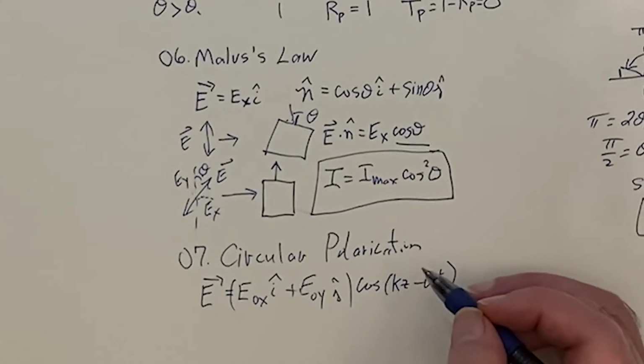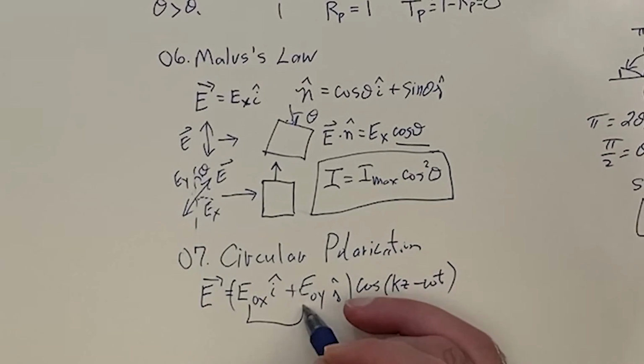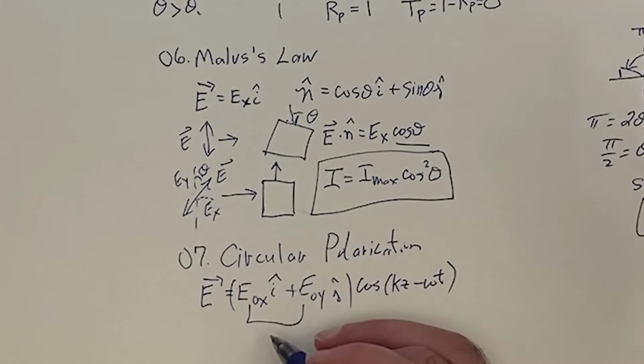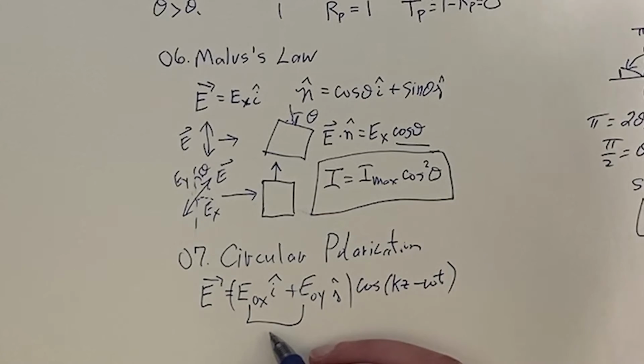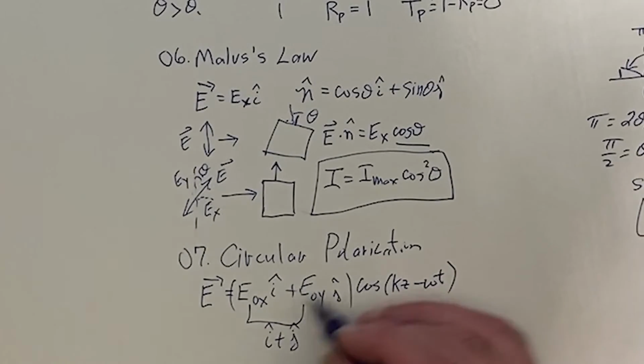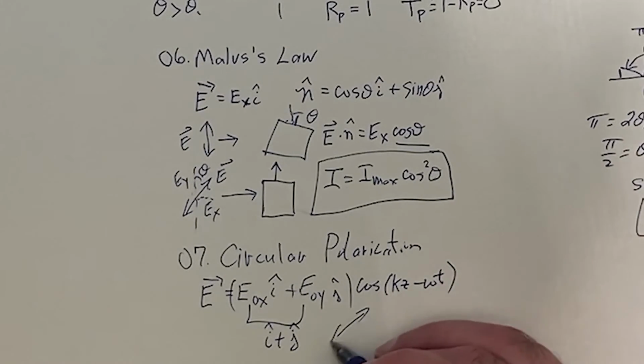And here, what we're going to do is let these be equal. And if you let those be equal, then you will get an i hat plus j hat, which will be some slant, and you got linear polarization, so that's linear.